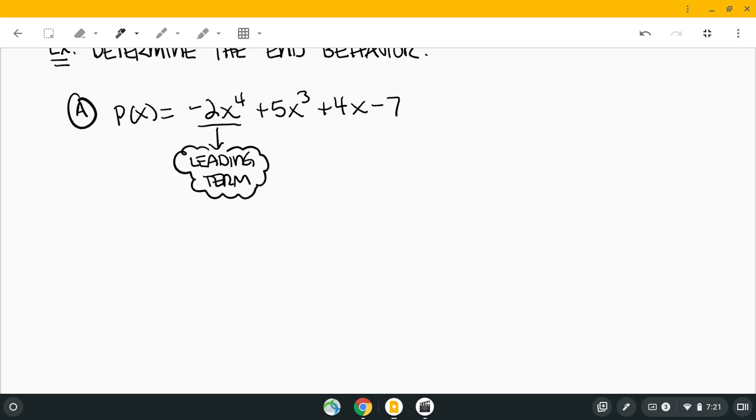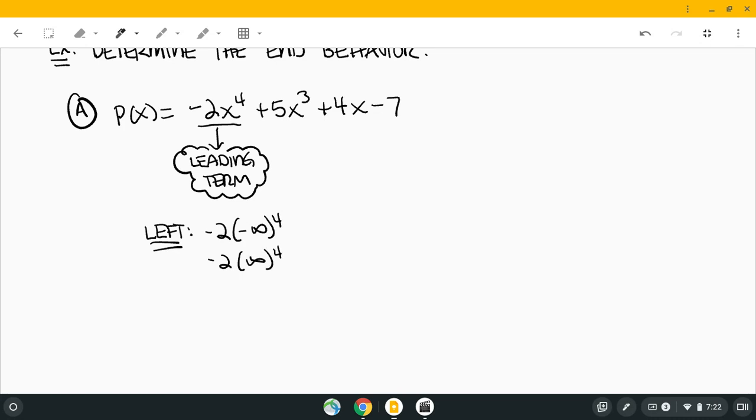Okay, so let's do our left-hand behavior. For our left-hand behavior, left is negative for the x's, so we're going to plug in negative infinity. So what we're really doing is plugging negative infinity in here, okay? And then we get negative 2 times negative to the fourth power becomes positive.